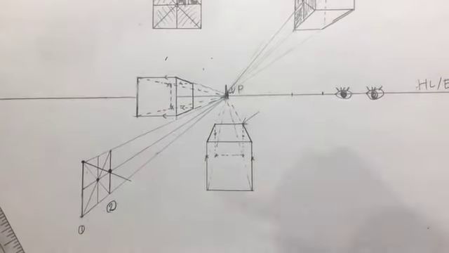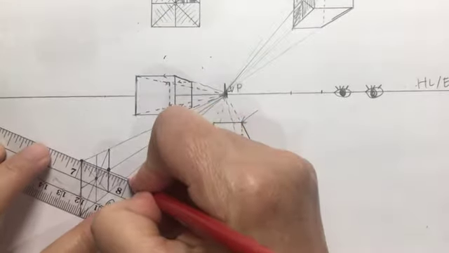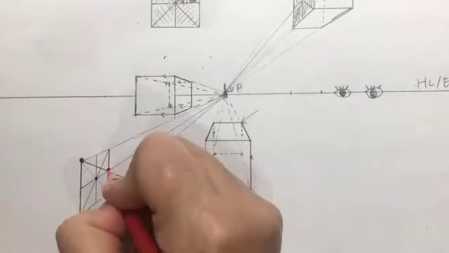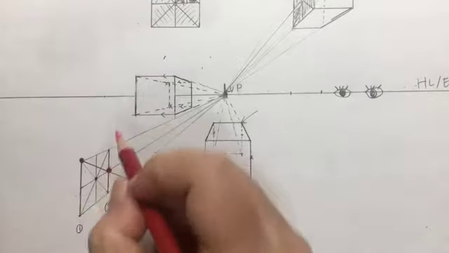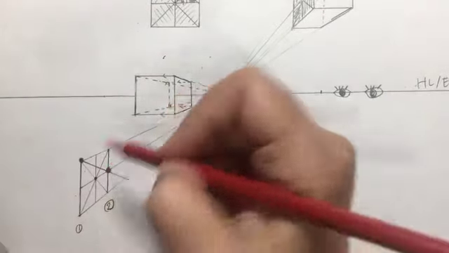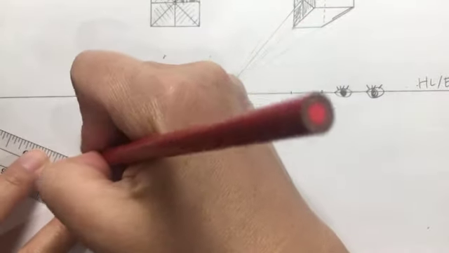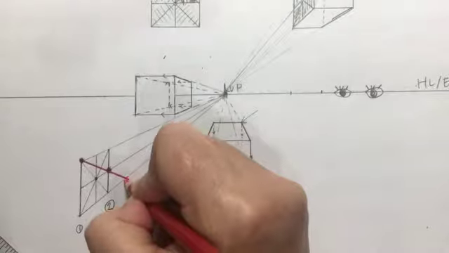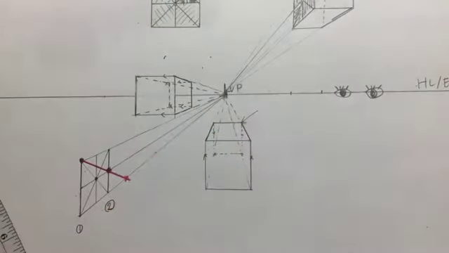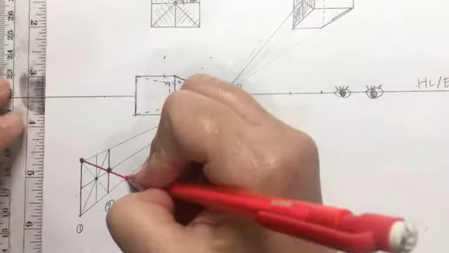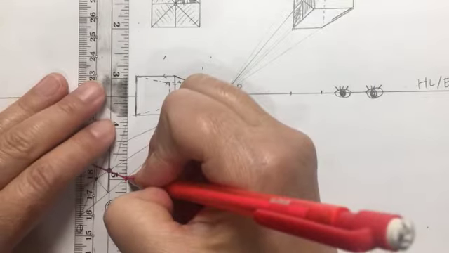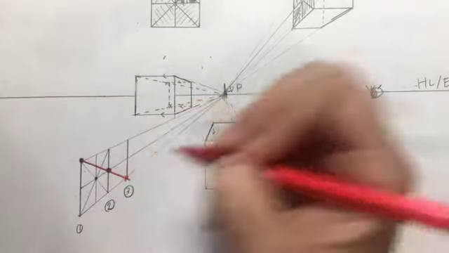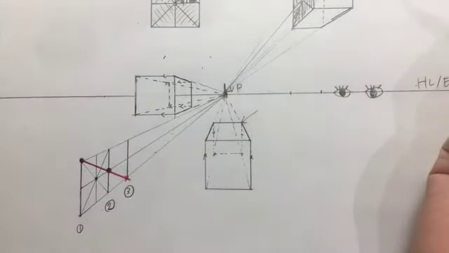I'm going to use the red pencil here. So the top of the first tree, the central point of the second tree, and I connect these two with a line until the line intersects with the bottom one. And this indicates the third tree in perspective. This is number 3. Right?